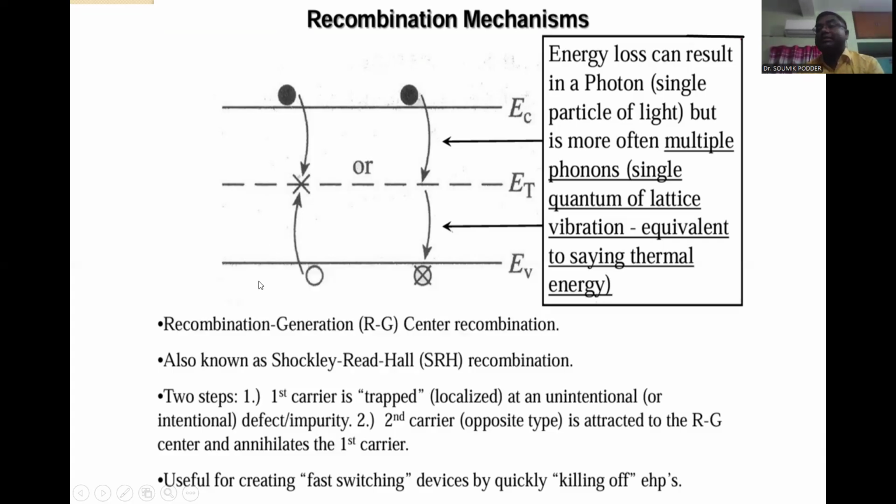This process is much faster than band-to-band recombination. So this fast switching is used in some devices for the killing of EHPs. Energy loss results in a photon, a single particle of light, but is more often multiple phonons, single quanta of lattice vibration, equivalent to saying thermal energy.